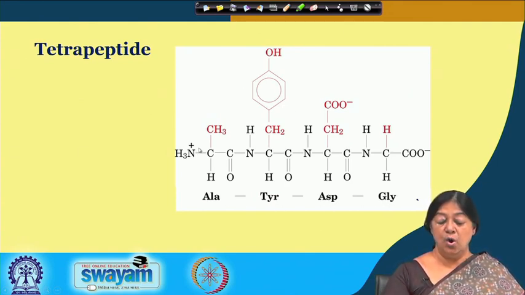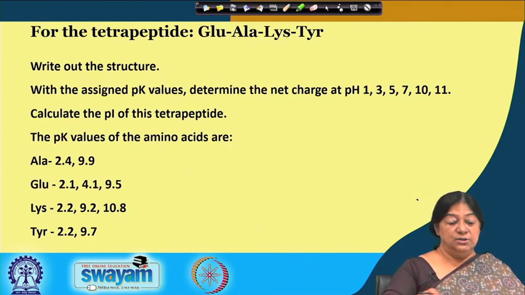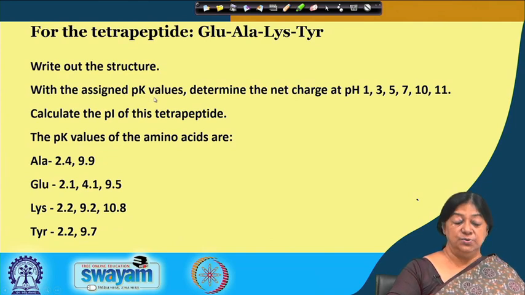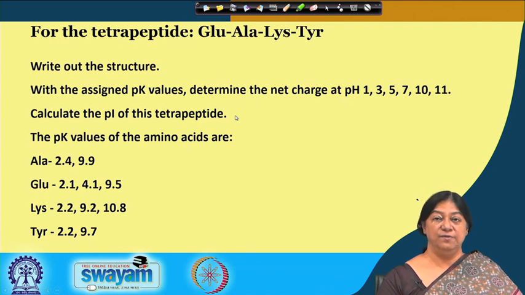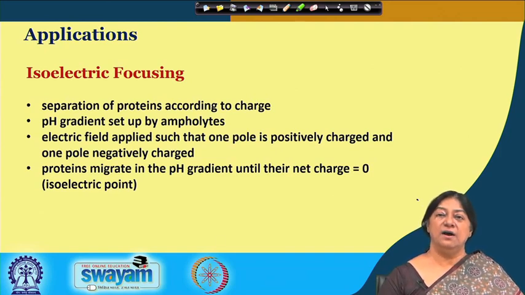We just need to know how we are going to go about doing it. So, for an example or something that you can try, for a tetrapeptide Glu-Ala-Lys-Tyr, you write out the structure, consider the assigned pKa values and calculate the pI of this tetrapeptide. You can try that out as a homework.